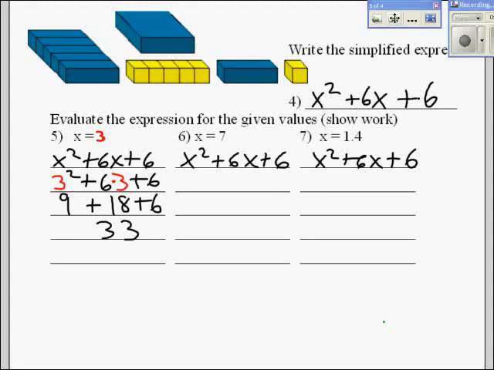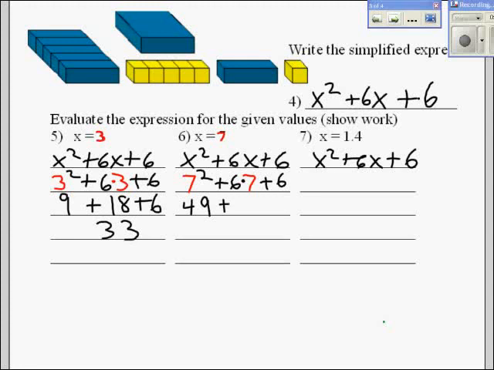In this case, we're going to want to replace our x's with 7, so that x becomes 7. The square is still next to it, plus the 6. X gets replaced with 7. Again, remember that should be 6 times 7, or 6 sevens, not 67. Plus 6. 7 squared is 49.